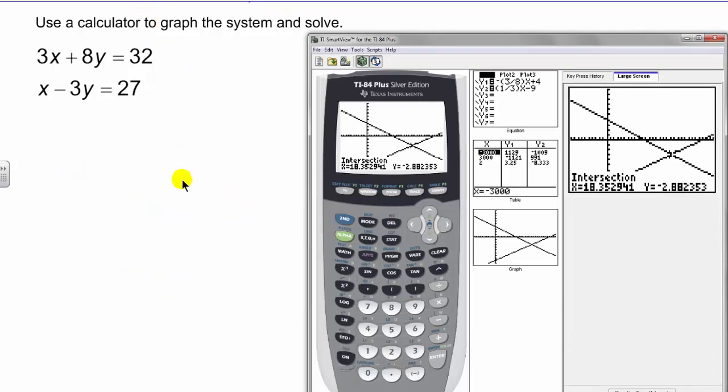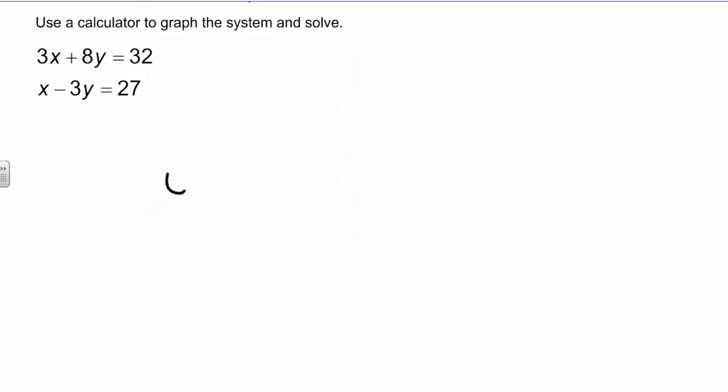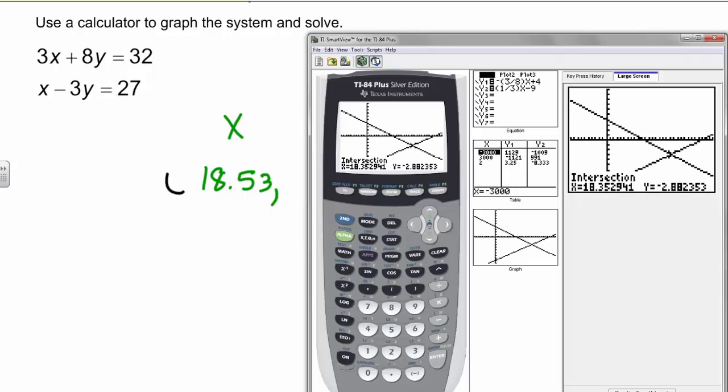So we'll just say our solution is the coordinate of 18.53 for the x, and then the y once again was negative 2.88.